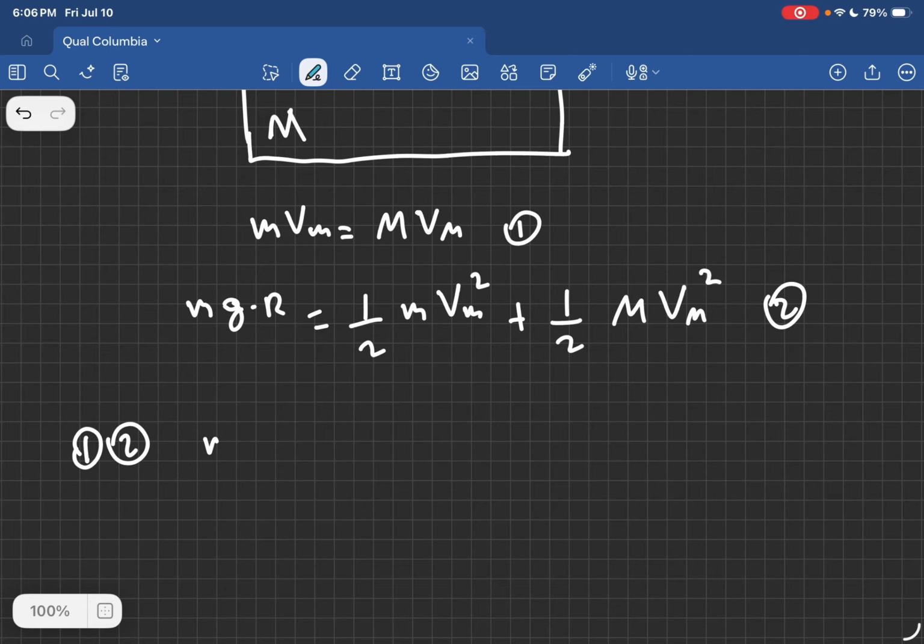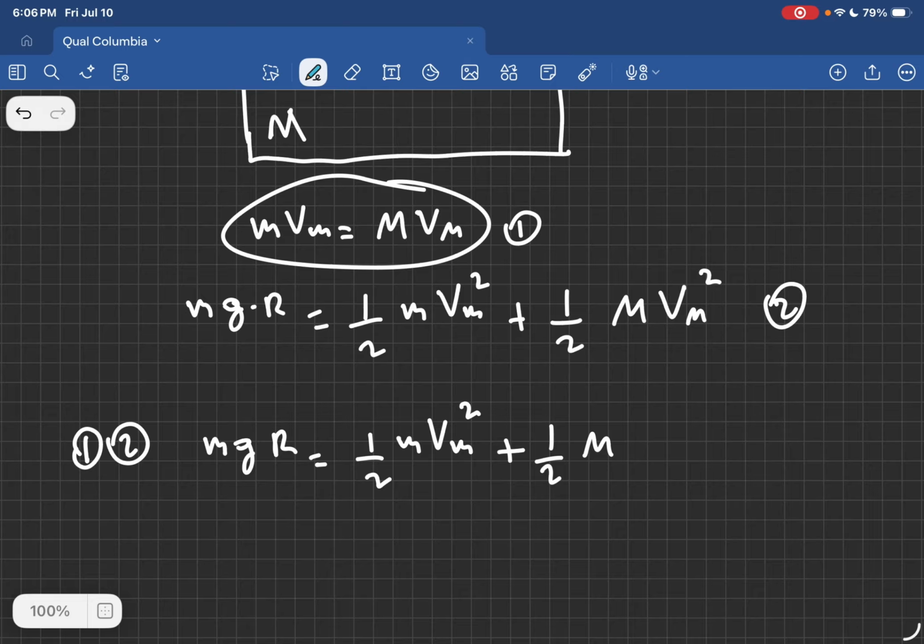So mgr is equal to 1/2 m v_m squared plus 1/2 capital M, and then we will substitute the v subscript capital M with this expression there. So this becomes m squared over M squared times v_m squared.